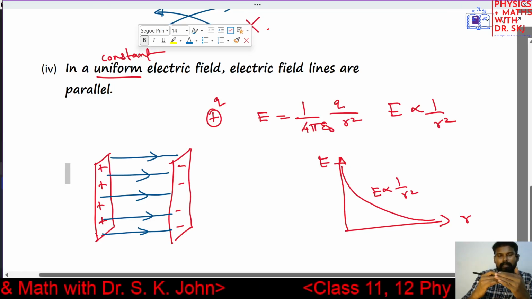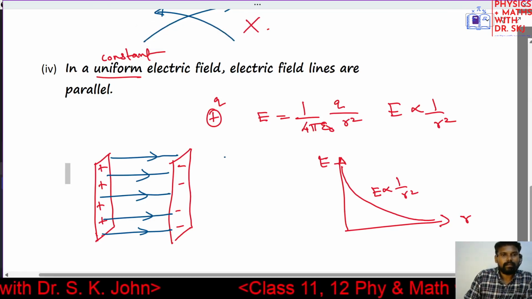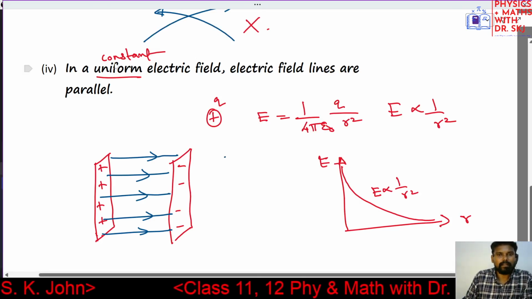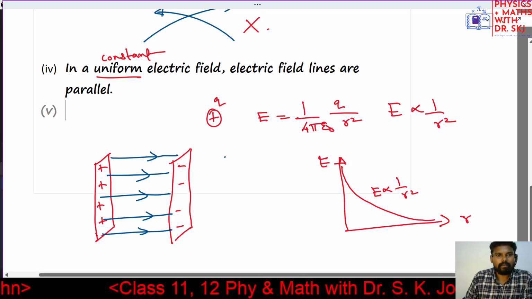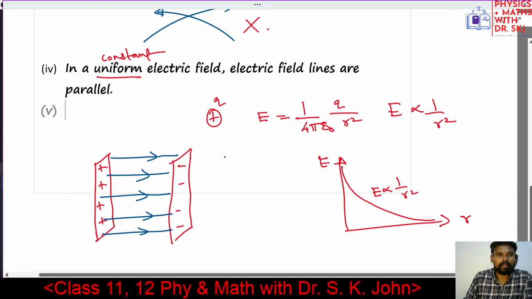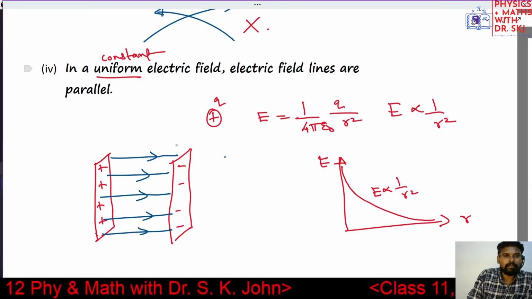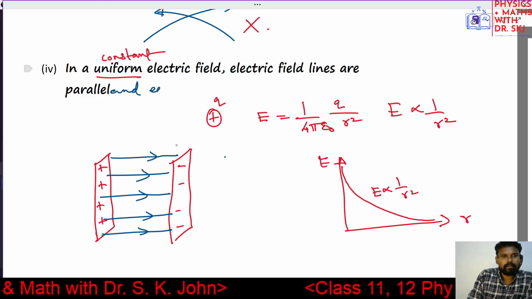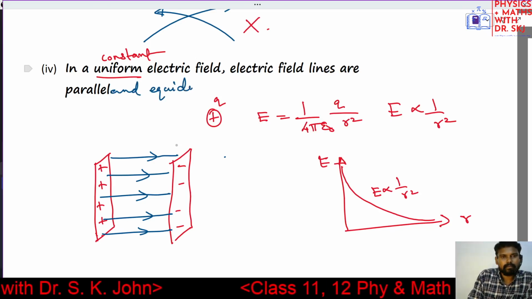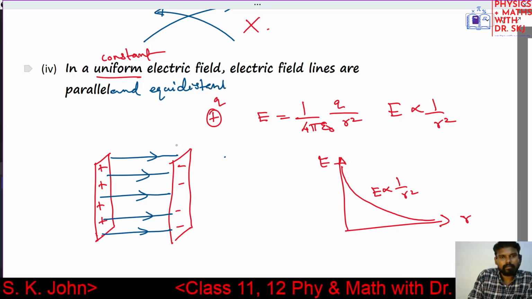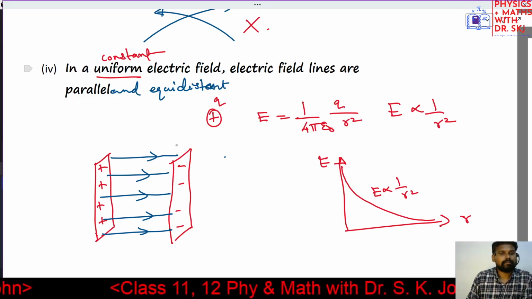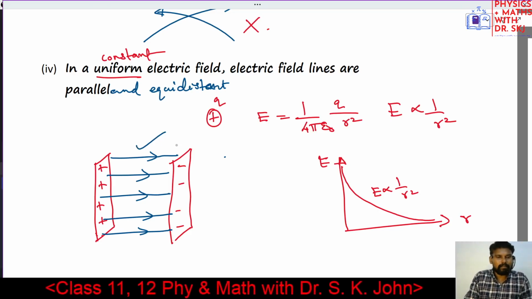Equidistant means the lines are at equal distances. Uniform electric field: in a uniform electric field, lines are parallel, and you can write parallel and equidistant. So the electric field lines can be drawn like this.